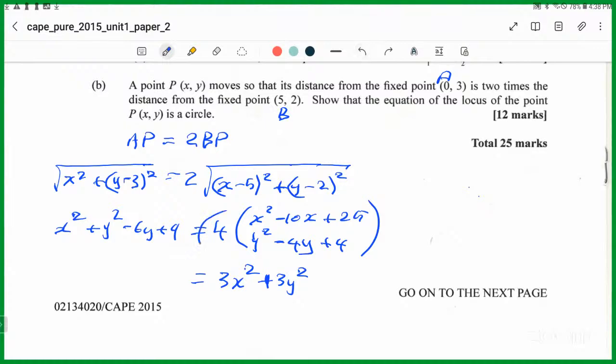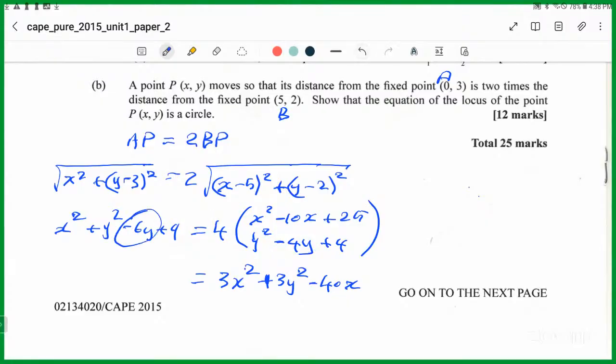Expand this to get y. But you're going to get 4 times minus 10, which is negative 40x. And then the y: you're going to get 4 times 4, that's minus 16, and you have minus 6 over here.